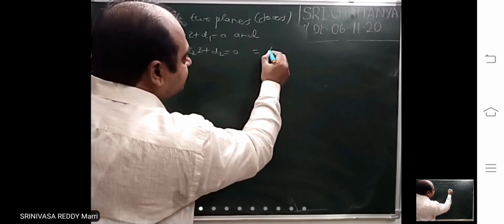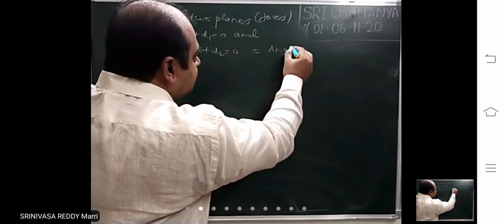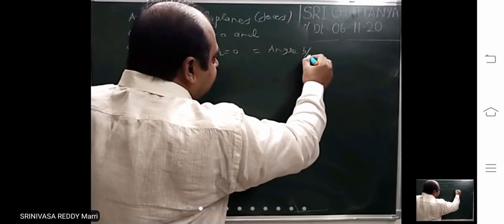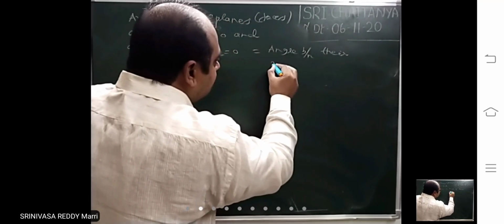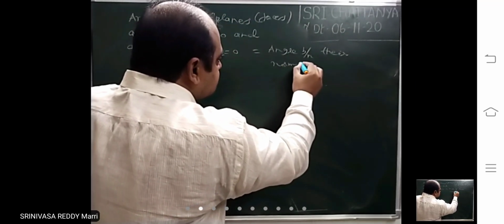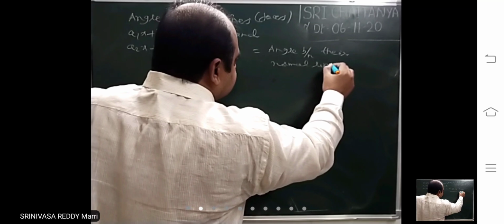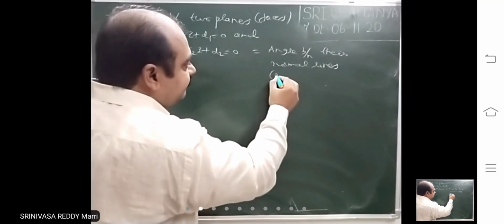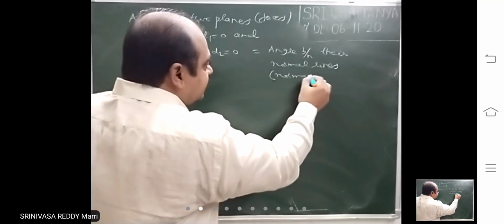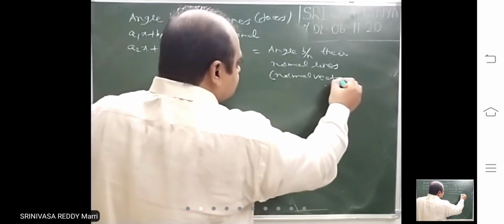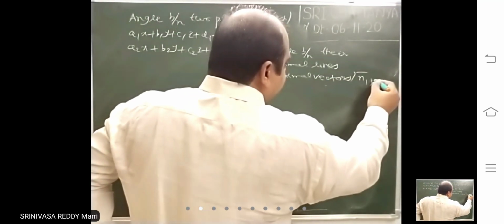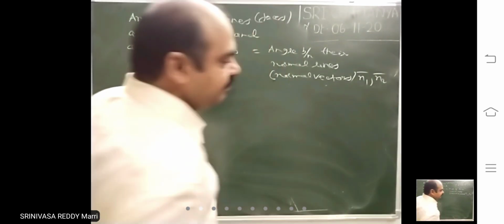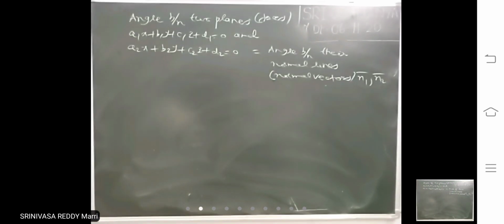The angle between two planes is nothing but the angle between their normal lines. That is, the angle between lines means what are their directions? Normal vectors, N1 bar comma N2 bar.